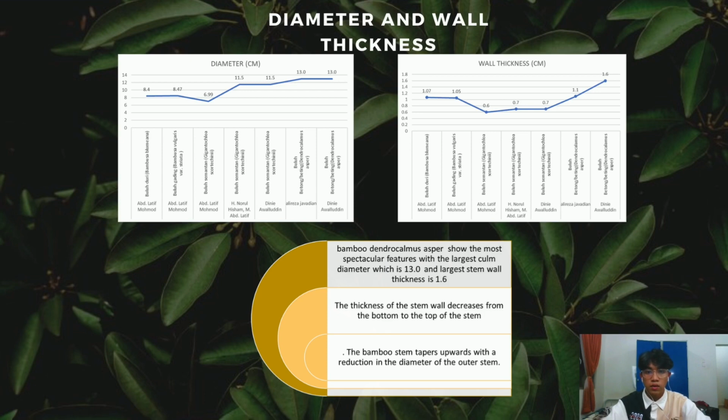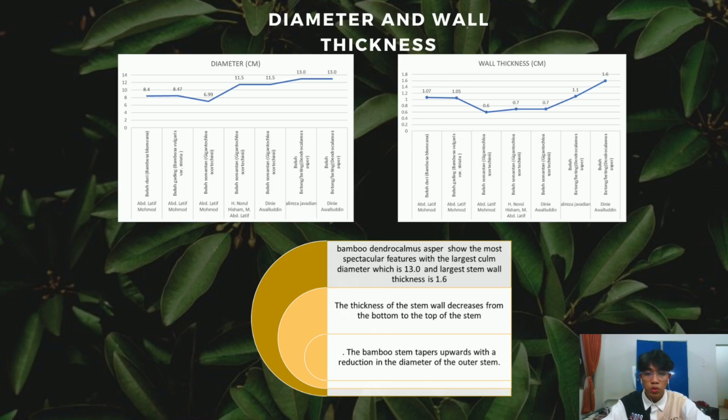Okay, next, from the physical properties, diameter and wall thickness are included. For the diameter, bamboo Dendrocalamus asper shows the most spectacular feature, with the largest culm diameter, which is 13.0, and largest wall thickness, which is 1.6.